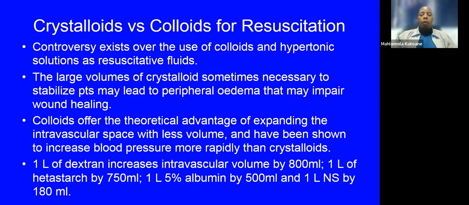That means if we take an example of 1 liter of dextran, it increases extravascular volume by 800 mLs, and that of hetastarch by 750 mLs. That of albumin will only be 500 mLs, and 1 liter of normal saline will only be 180 mLs.